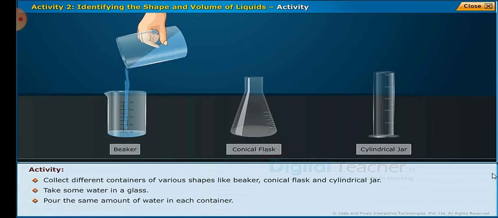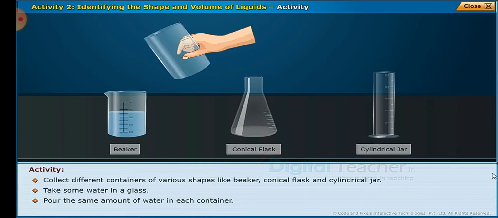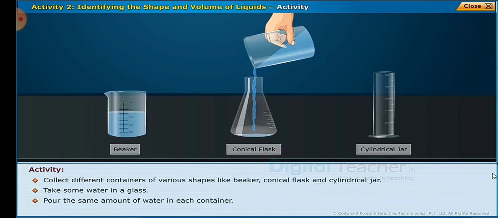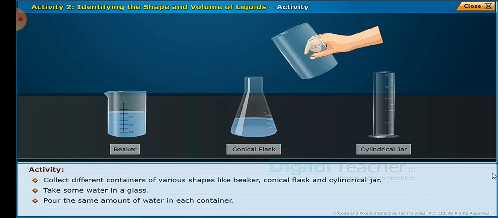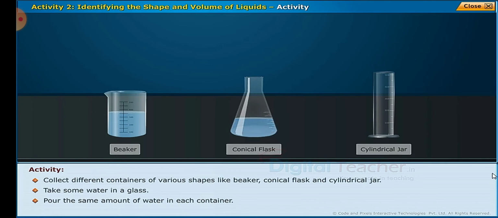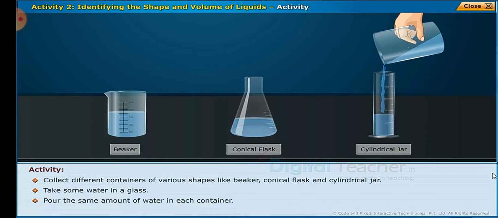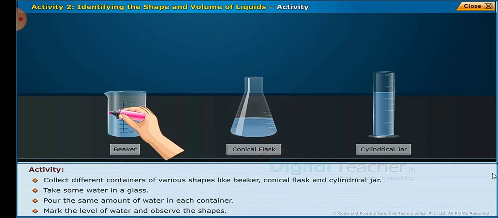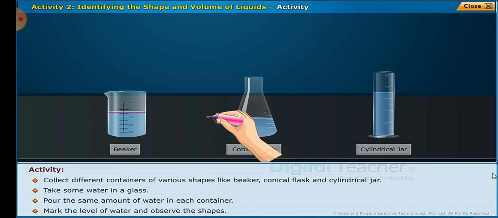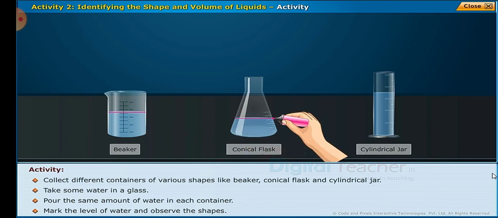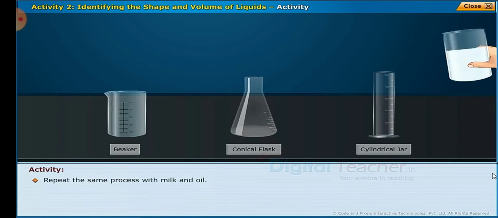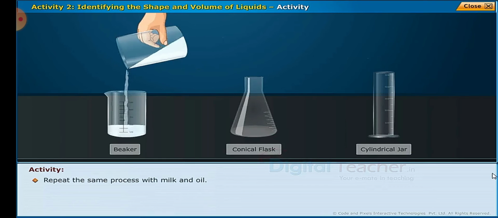Pour the same amount of water in each container. Mark the level of water and observe the shapes. Repeat the same process with milk and oil.